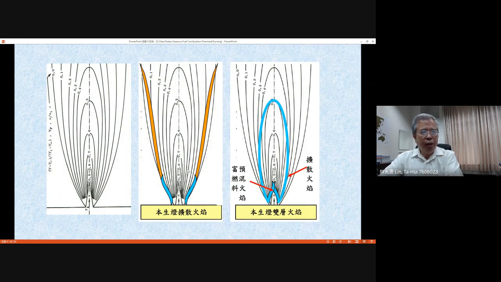The second thing I want to mention here is why I used a blue color to represent the base of your diffusion flame. As I mentioned before, when you have a jet coming out initially, it has a large axial momentum. The velocity is very high, which produces a lower pressure.